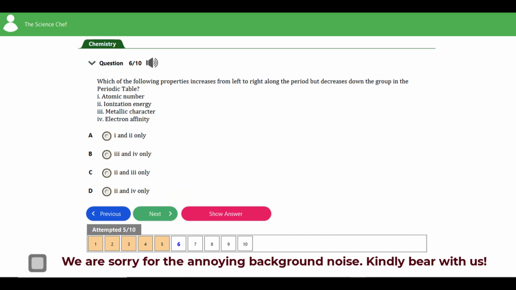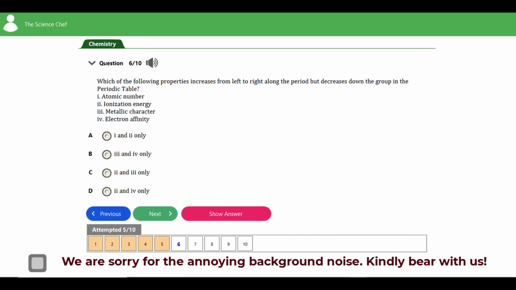Ionization energy. Ionization energy is the energy required to remove 1 mole of valence electrons from the outer shell of an atom, and it is a function of the atomic radius of the element. The smaller the atomic radius, the greater the ionization energy. And we know that atomic radius decreases across the period. We already answered a question on this.